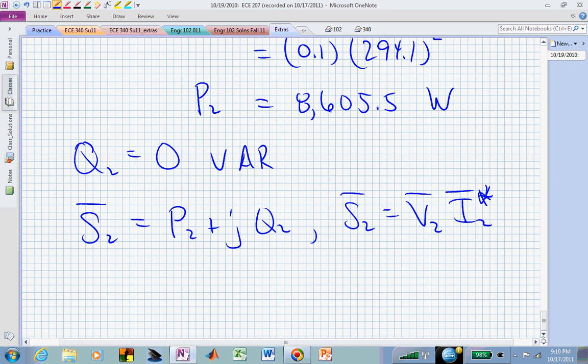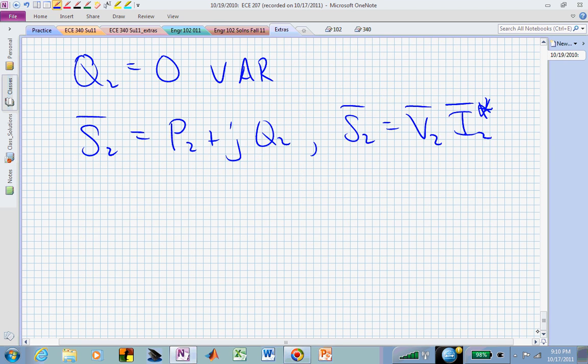And we could do that and find the total complex power. We had S1 was V1 I1 conjugate.